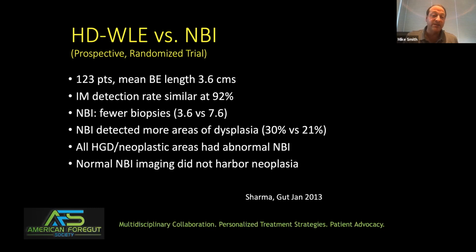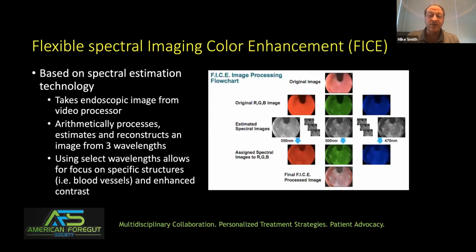And all of the areas of high-grade dysplasia neoplasia had an abnormal NBI that was noticed by the endoscopist. Normal NBI imaging on biopsies taken did not seem to harbor neoplasia in any of the patients in this particular study cohort.